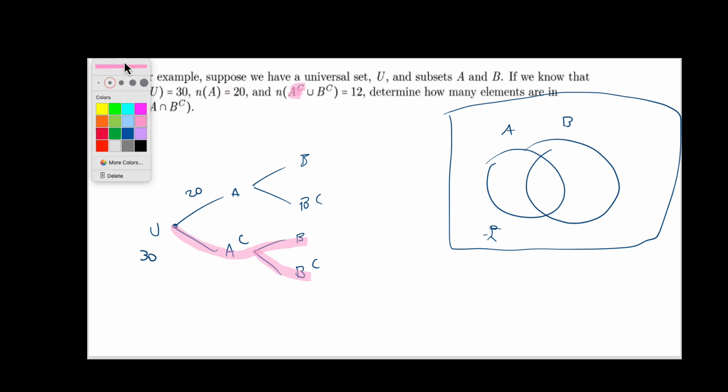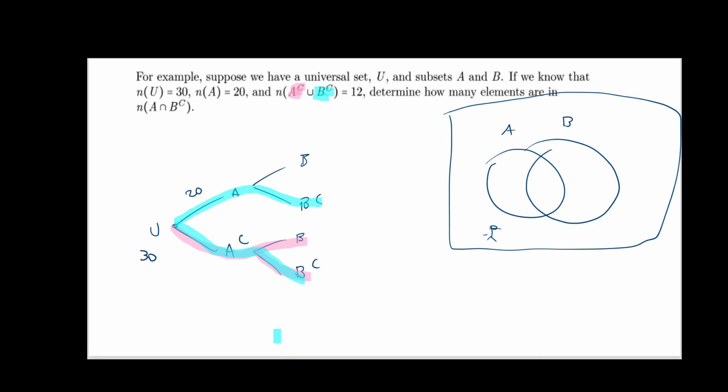Now, what about this blue here, which is B complement? Well, a set is the collection of paths that passes through it. Which paths pass through B complement? This, okay, is one of the paths passing through B complement, all right? And this is one of the paths passing through B complement, okay?